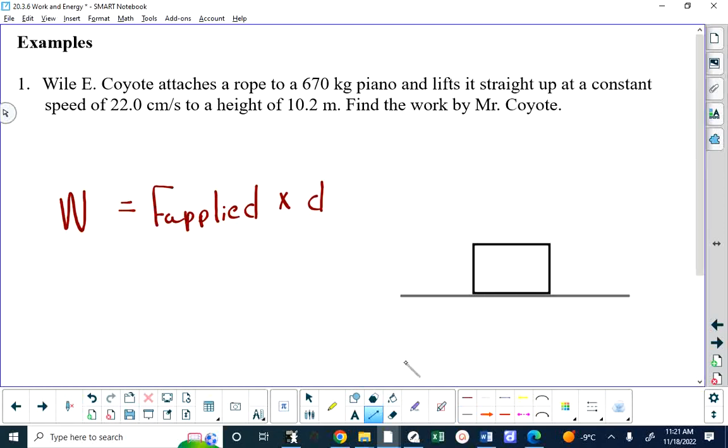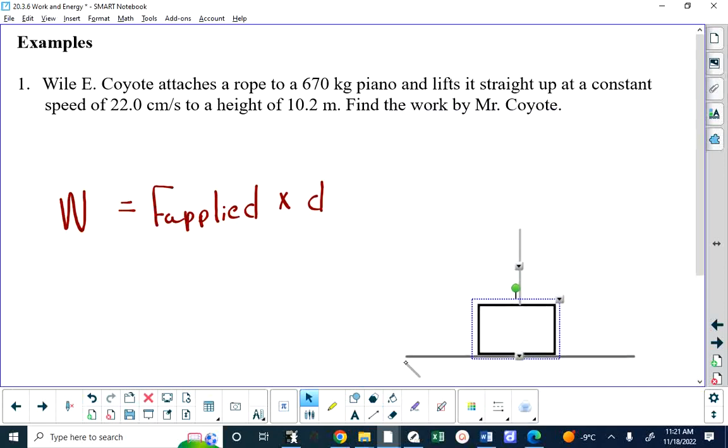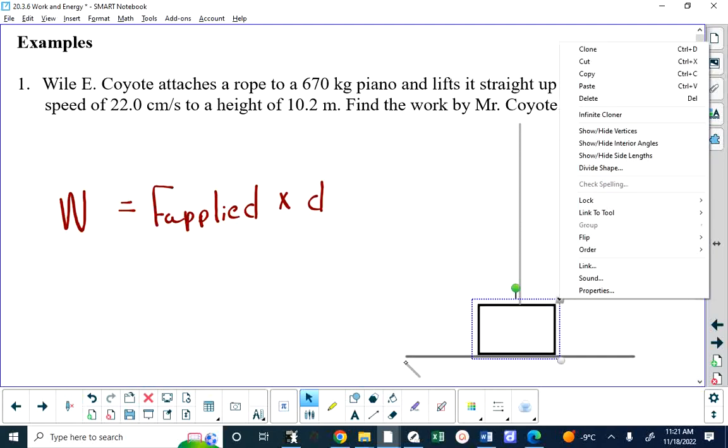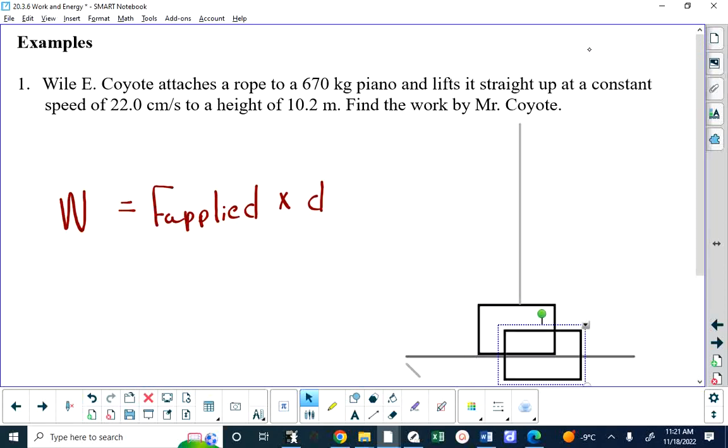I don't know what kind of pulley system he has, but he's going to be pulling that piano up to a height of 10.2 meters.